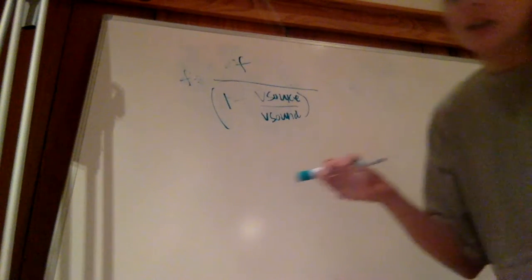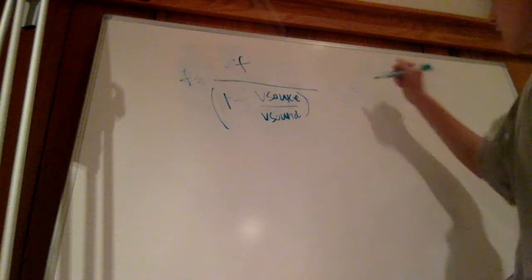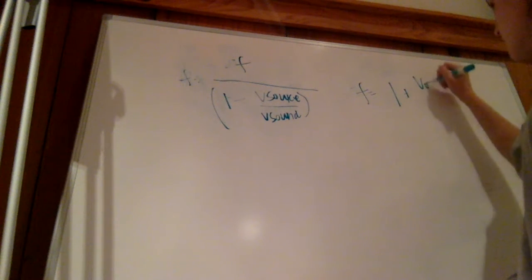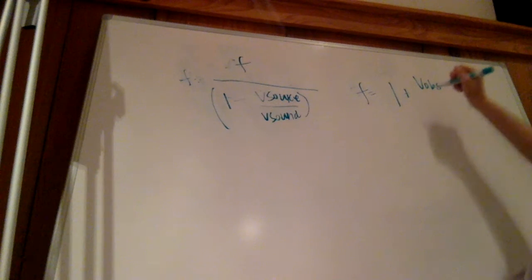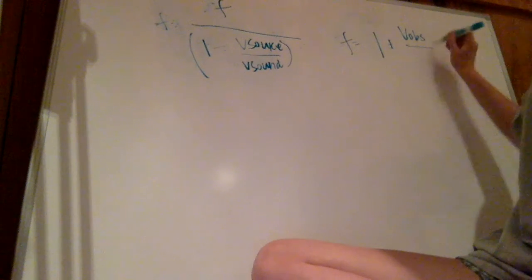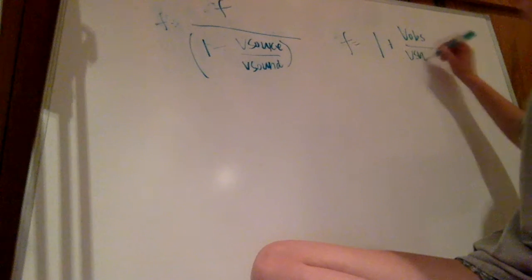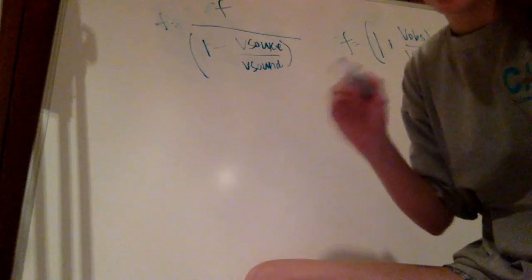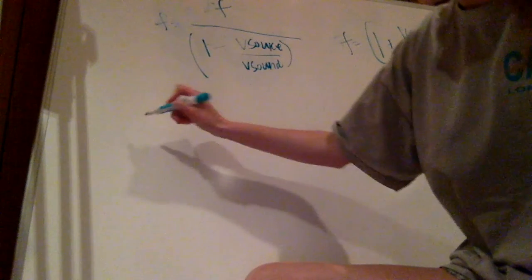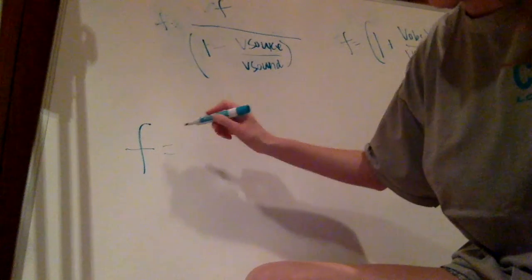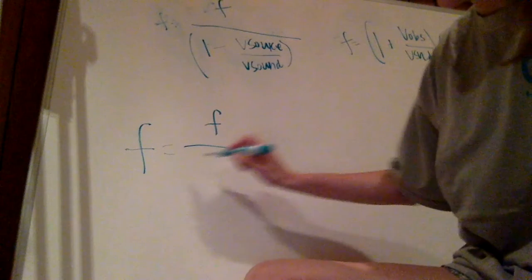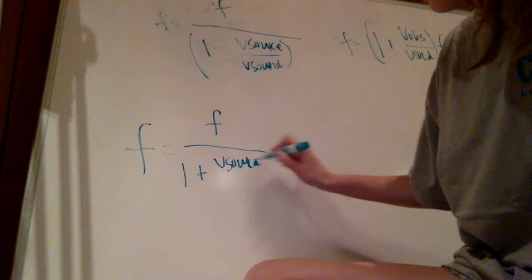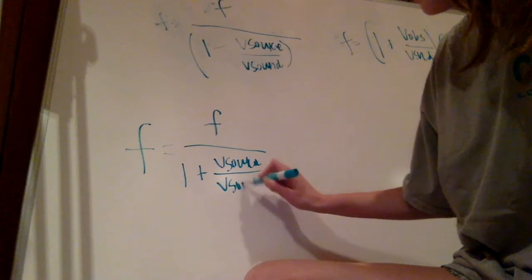And if your observer is moving towards your source, then you're going to use the equation that's 1 plus velocity of observer over velocity of the sound, times F. And then if your source is moving away from your observer, it's going to be F over 1 plus velocity of the source over velocity of the sound.